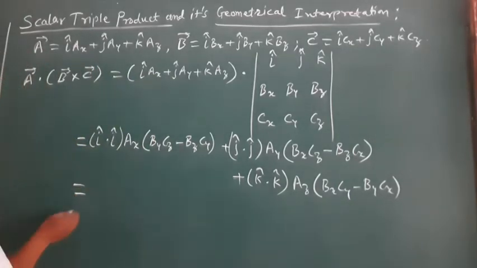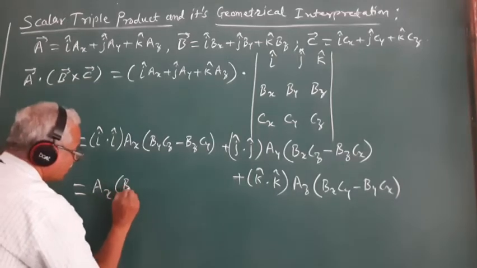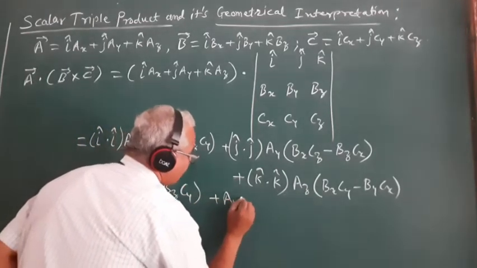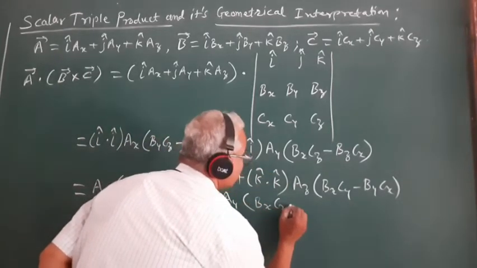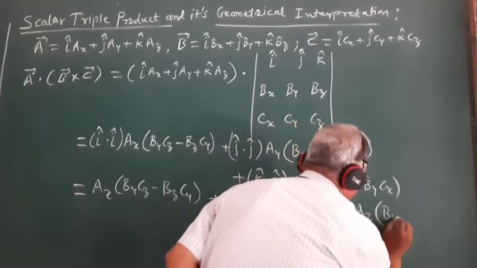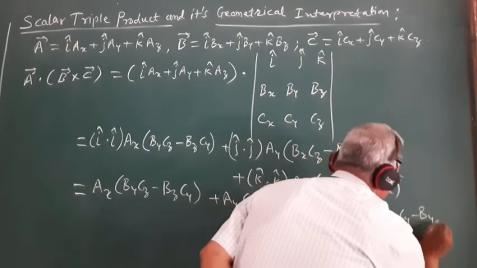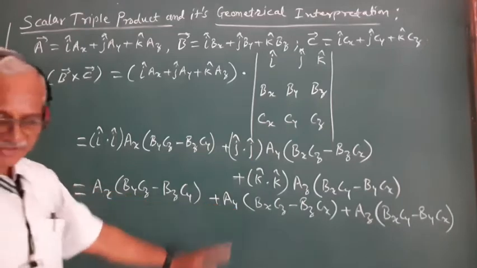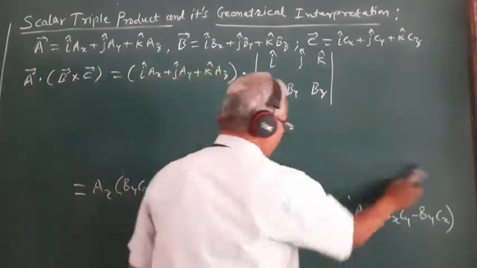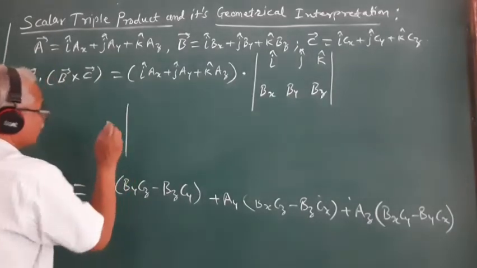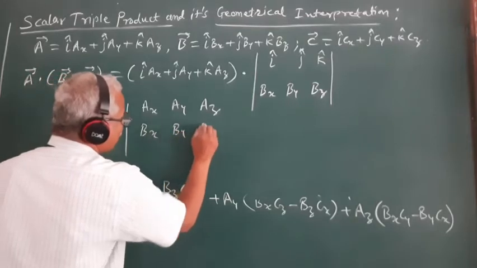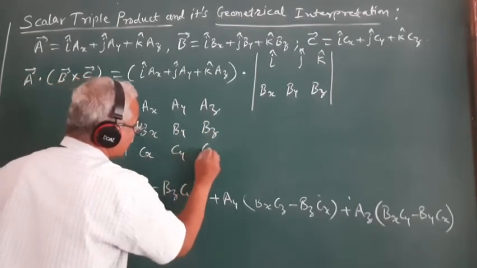So here i dot i, j dot j and k dot k is 1. So we can express this as ax into bracket bycz minus bzcy, plus ay into bracket bxcz minus bzcx, plus az into bracket bxcy minus bycx, and this expression is nothing but the determinant of ax, ay, az; bx, by, bz; and cx, cy, cz.